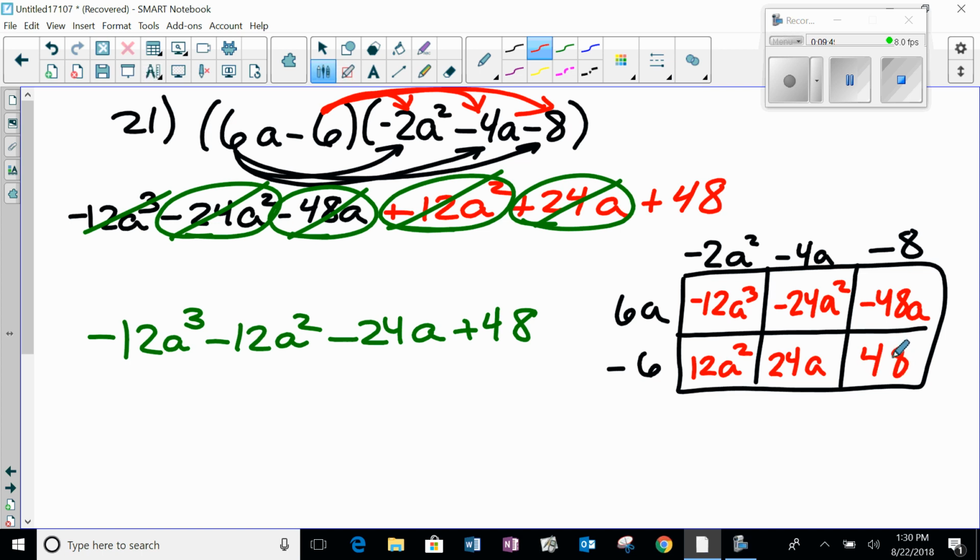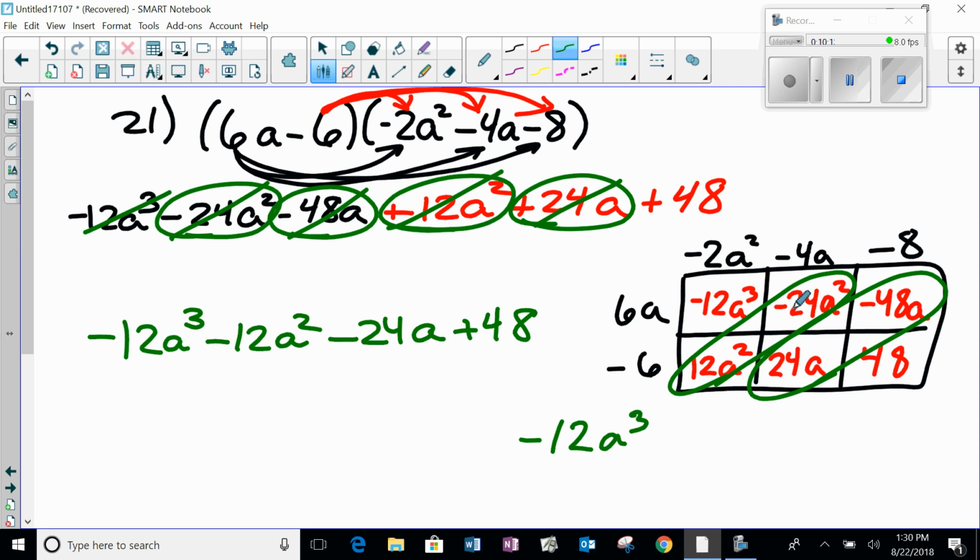Now we have to find our like terms. In the box method, your like terms are diagonal from each other. So here's my like terms for my a squareds, and here's my like terms for my a's. There's your first term, there's your last term. So I'm going to bring down the minus 12a cubed.